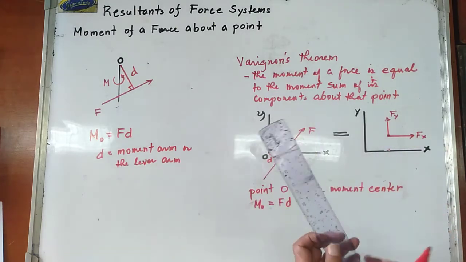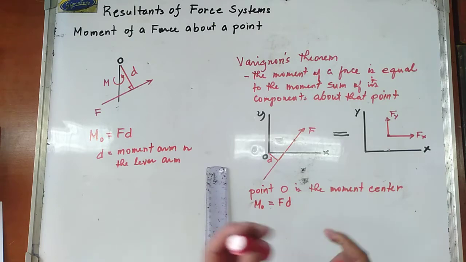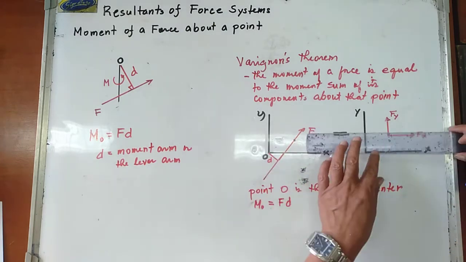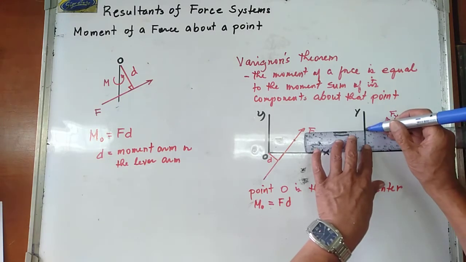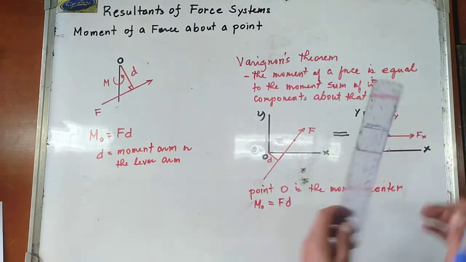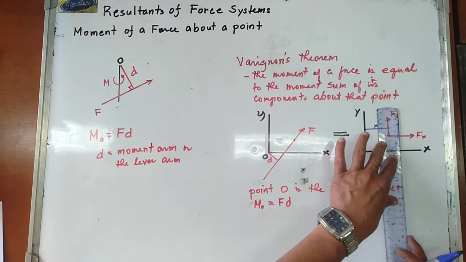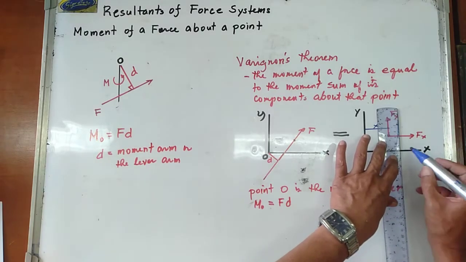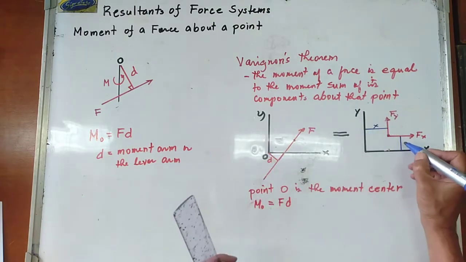Now such that the distance of the component in the y-axis is equal to x. So let's try to consider now that the perpendicular distance is equal to x. And the distance of Fx from the x-axis is now equal to y.